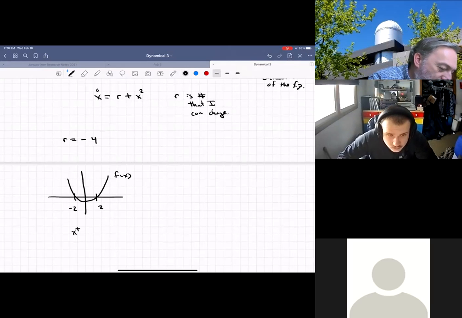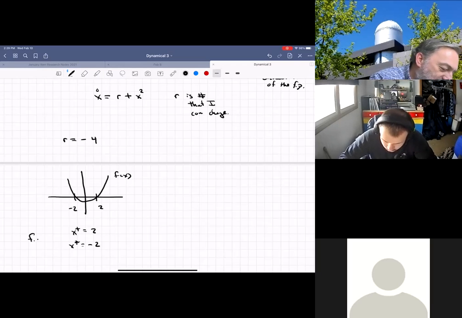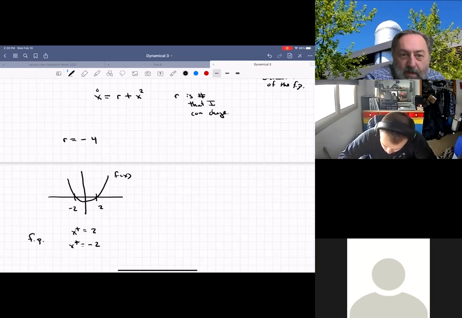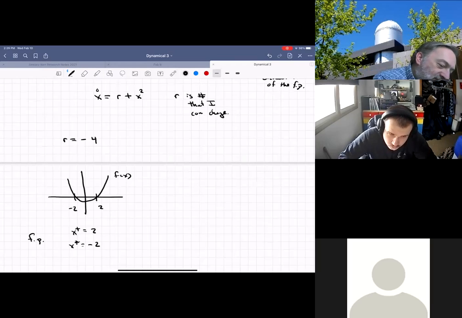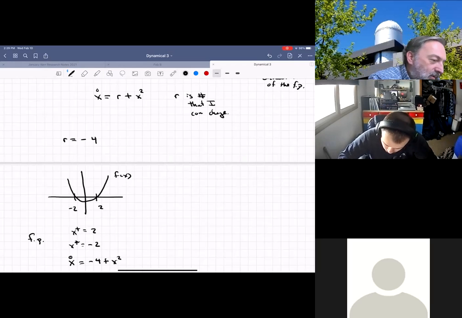So x star equals 2 and x star equals minus 2. We have some fixed points. Let's all draw some arrows on our axis to indicate the directions of the flow. Here our flow is given by x dot is minus 4 plus x squared.